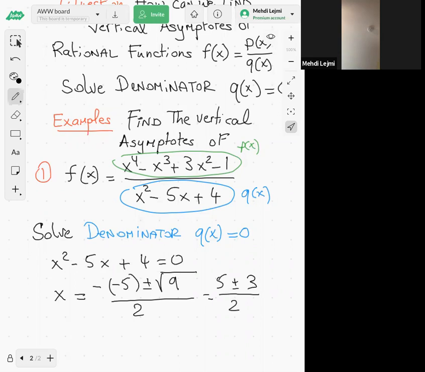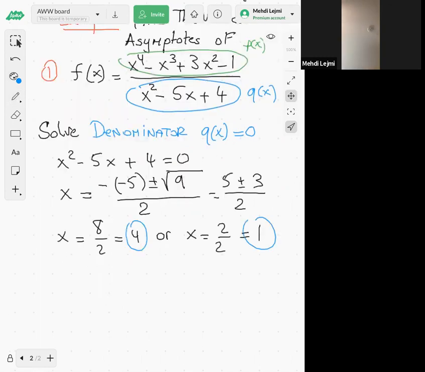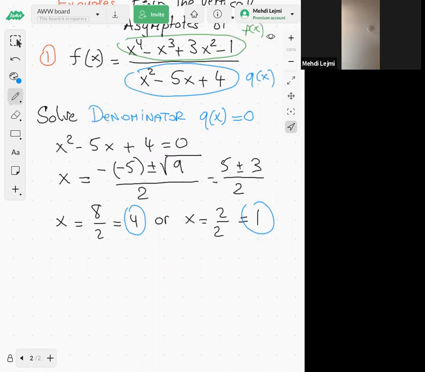So x is 8 over 2, which is 4, or 5 minus 3, which is 2 over 2, which is 1. So we got 2 solutions, 4 and 1, and so the vertical asymptotes will be x equal to 4 and x equal to 1.